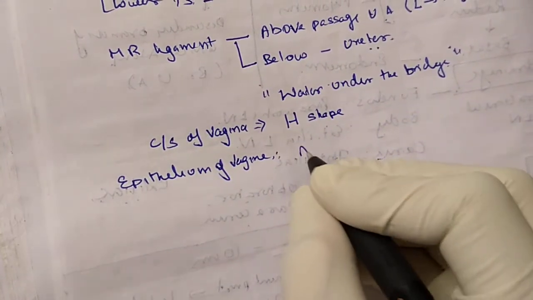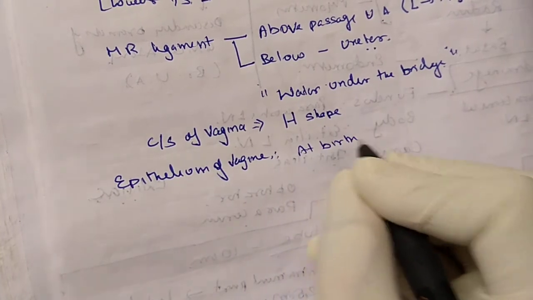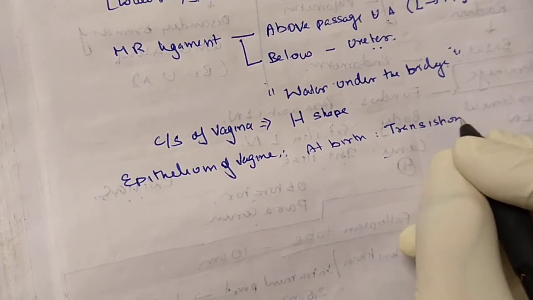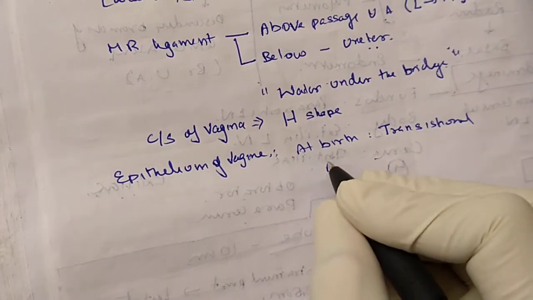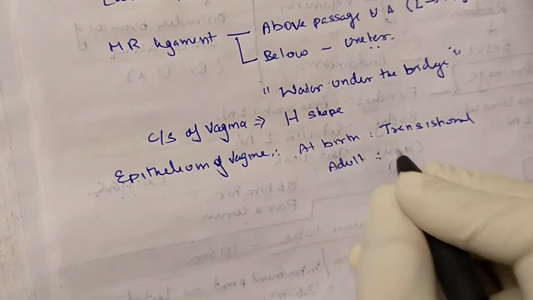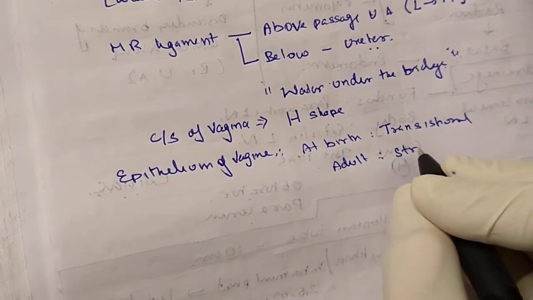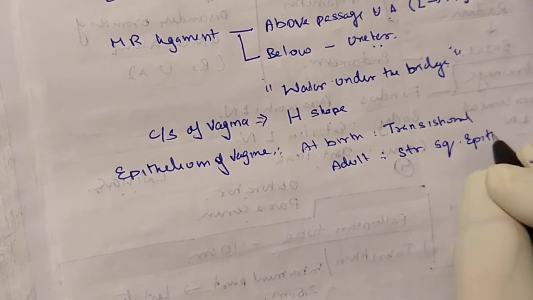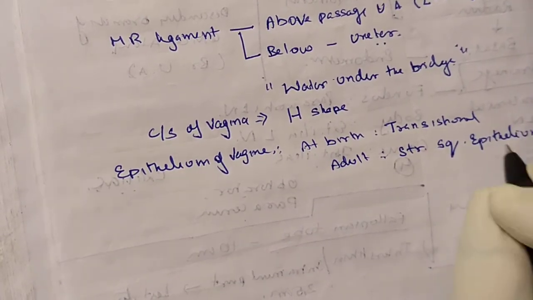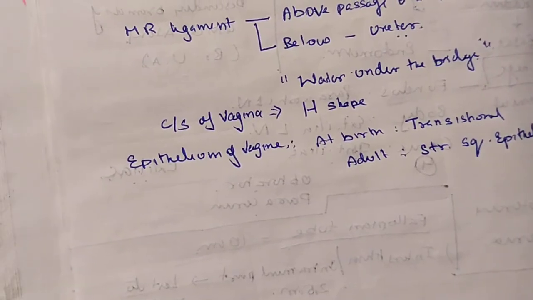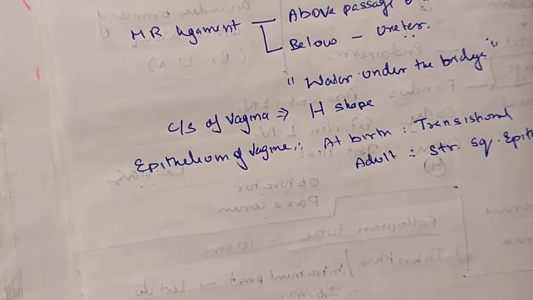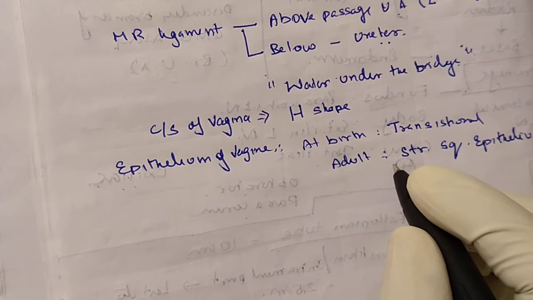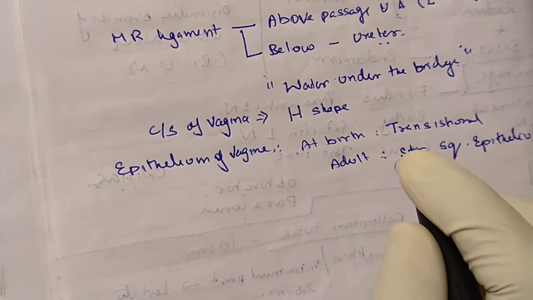At birth we have transitional epithelium, and at adulthood we have stratified squamous epithelium.